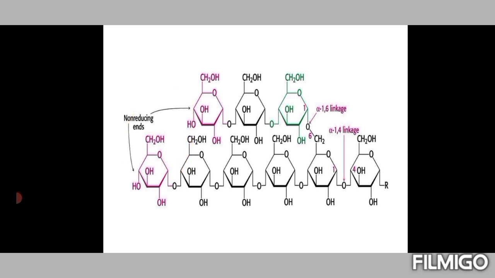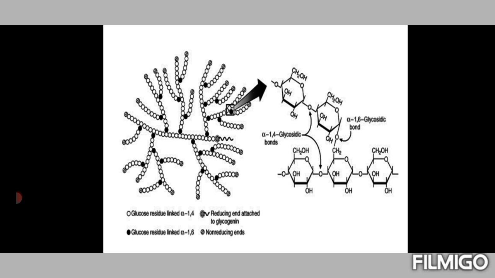And these non-reducing ends are important because both in glycogen breakdown and glycogen synthesis, these non-reducing ends are important. So just keep it in mind that when I mention the non-reducing end, I mean this end of the glycogen. This is another picture which shows the branching and alpha 1,6 linkage.